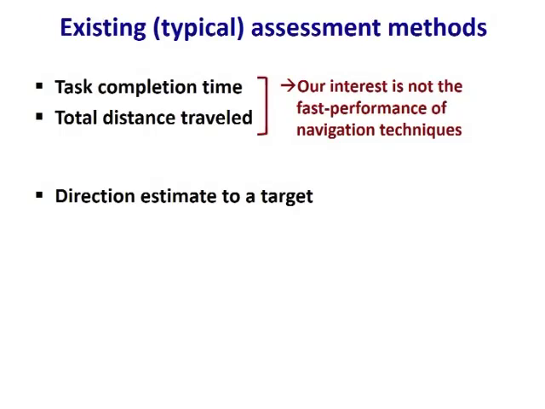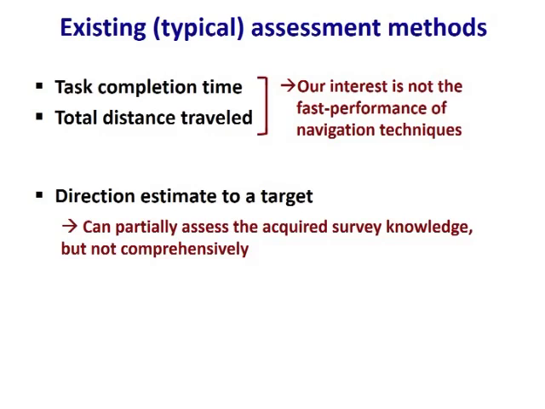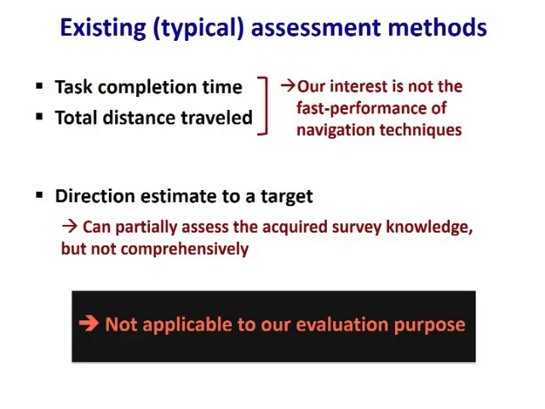Then the direction estimate to a target is also often used for survey knowledge assessment. Again, this method also provides only a partial assessment of survey knowledge acquisition. Unfortunately, the assessment methods typically used in other studies were not applicable to our evaluation purpose, that is, to measure the accuracies of acquired survey and route knowledge.